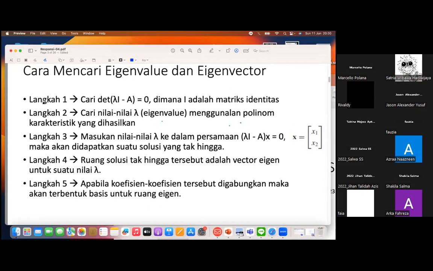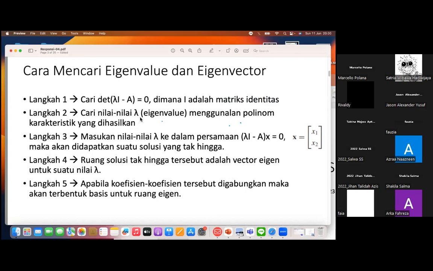So basically, the first step here is to calculate this lambda I minus A, where I is your identity matrix. The next step is to find the value of lambda, or the eigenvalue, based on the characteristic polynomial that you get from step 1. Step 3, let's say you already get the values of lambda.